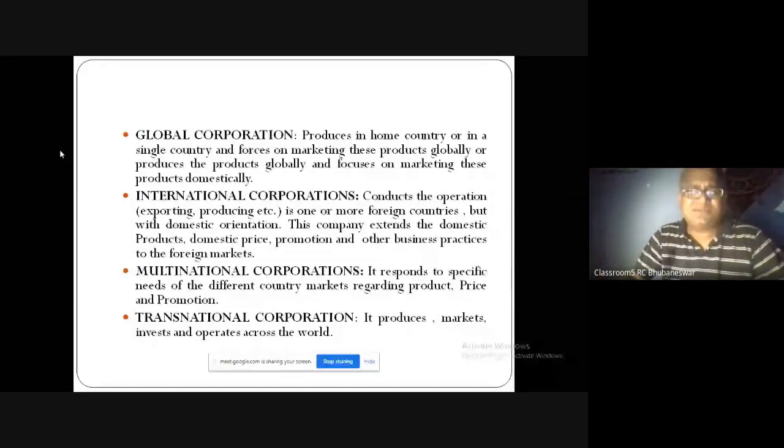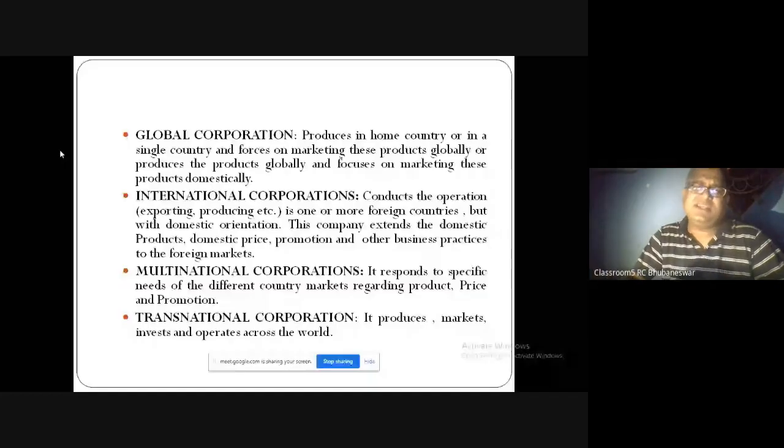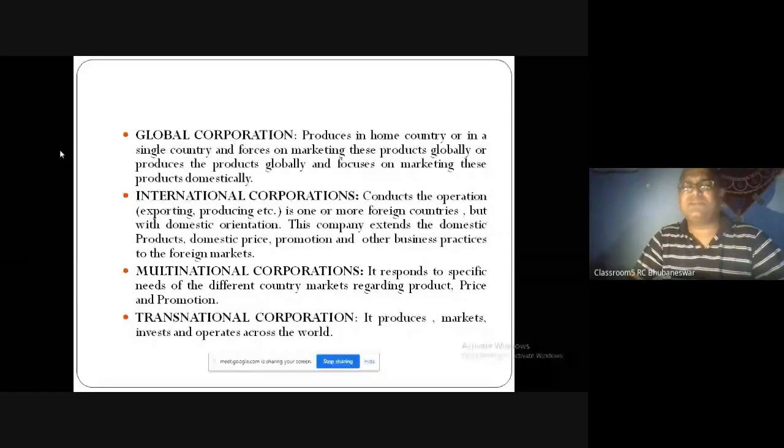What does it mean? International edition and domestic edition have some difference. That type of promotion, business practices, and products available at a domestic price as well as an international price, distinct in nature, that type of organization, enterprise, or company is called an international corporation.